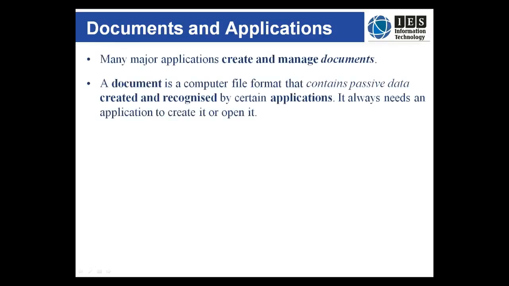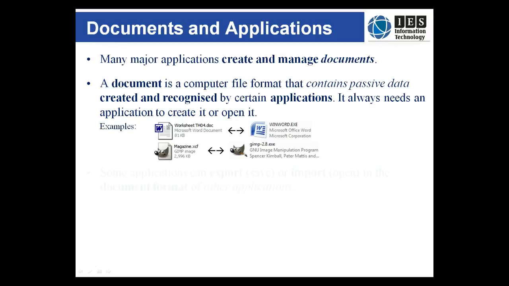We'll now consider the difference between documents and applications. A document is a computer file that contains passive data created and recognized by one or more applications. However, it always needs an application to open it or create another file of its type.